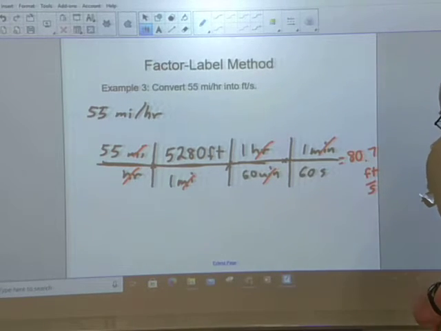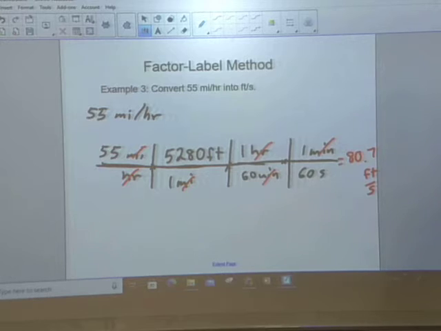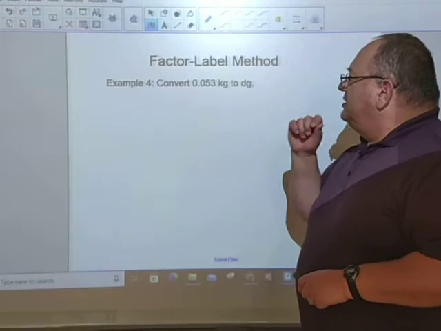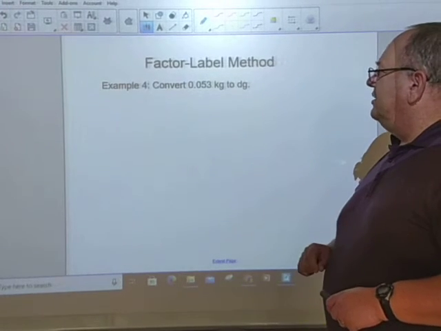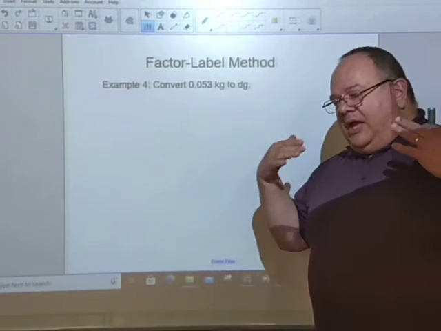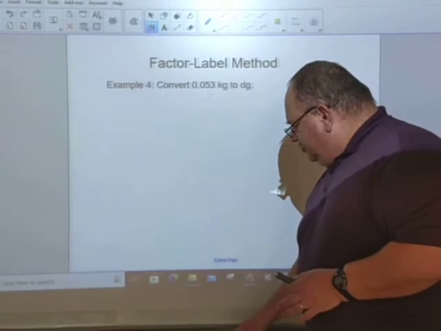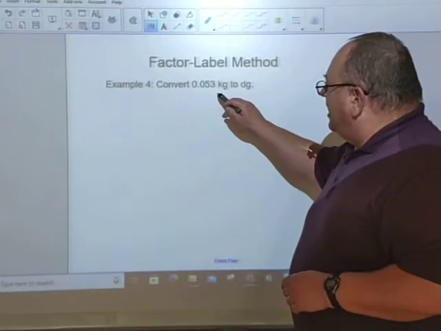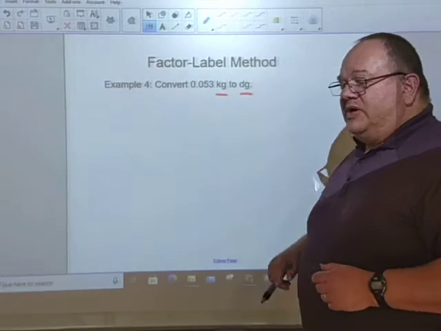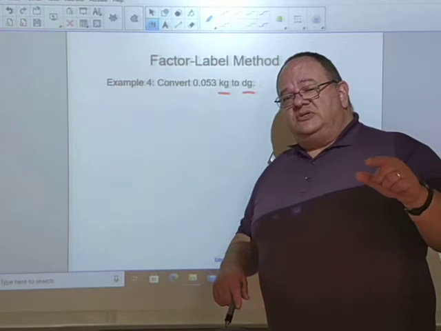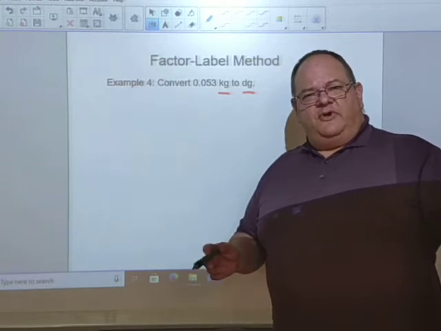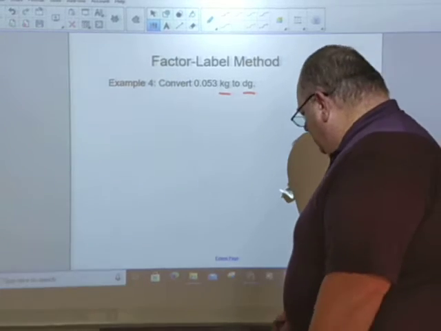Okay, so let's try another exercise. All right, so this one says convert 0.053 kilograms to decigrams. Well, I hope that you recognize right off that kilogram is a metric label and decigram is a metric label. And so we said yesterday that if you were doing metric conversions, we just have to figure out how far to slide our decimal point.